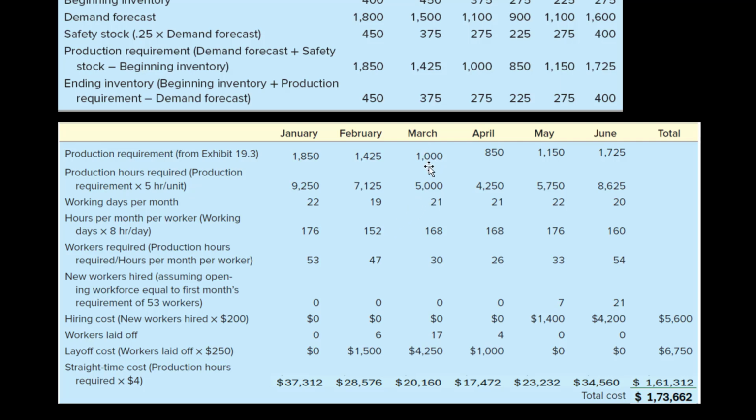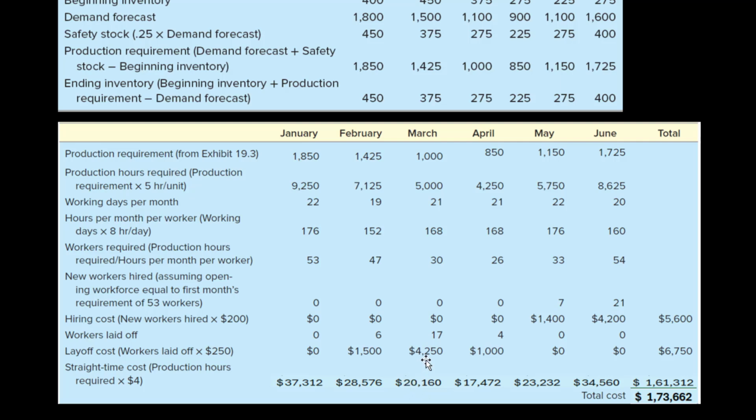Next month again you calculate the required production, the required hours, the required number of people. Again you need to remove 17 people, because you have 47, you require 30. Again 17 into 250 will be your layoff cost.